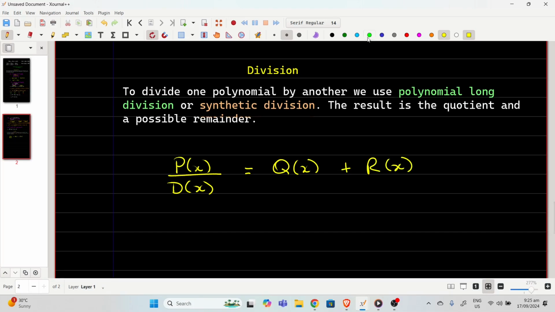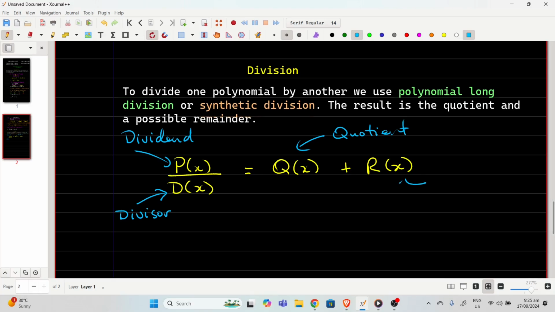Let me put a name for each one of these. This here is called a dividend. This here is called a divisor. This here is called a quotient, or basically it's the result of p of x divided by d of x. And this here is called a remainder.